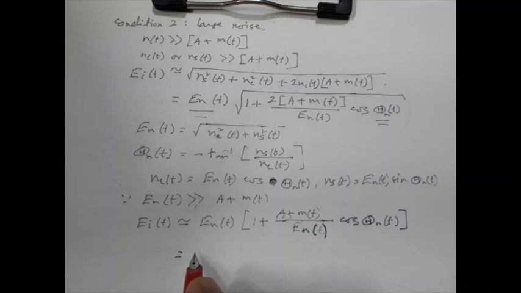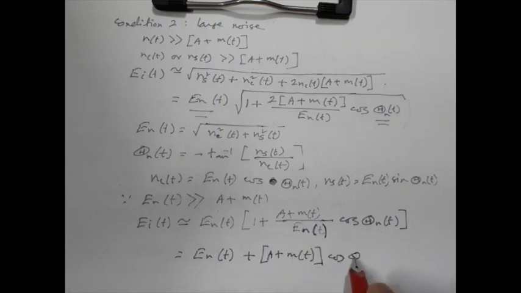That means e_n(t) plus (A plus m(t)) cos theta_n(t).